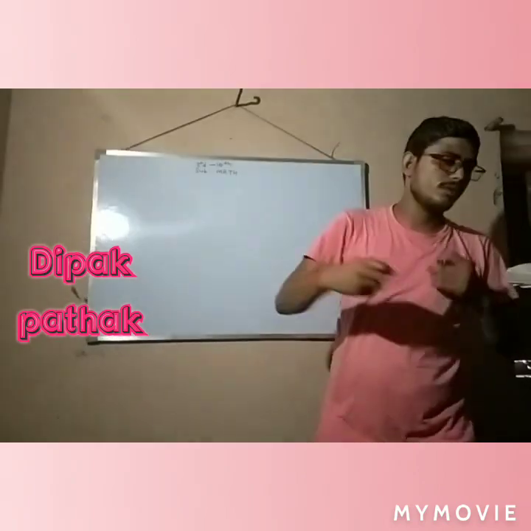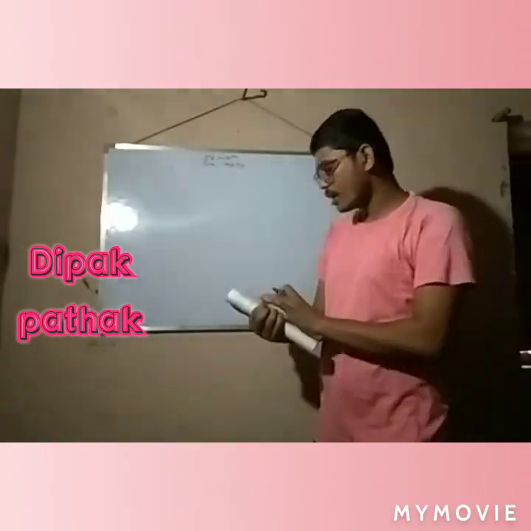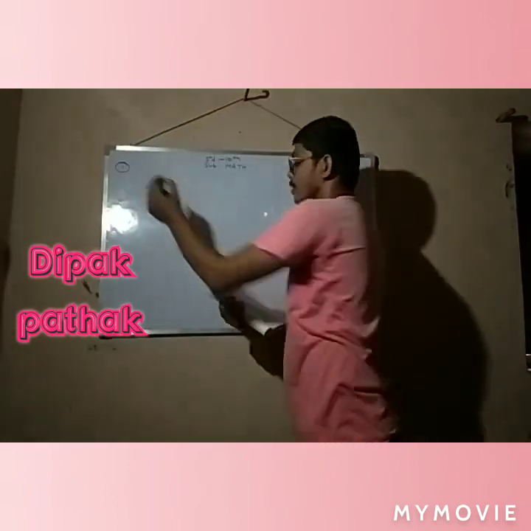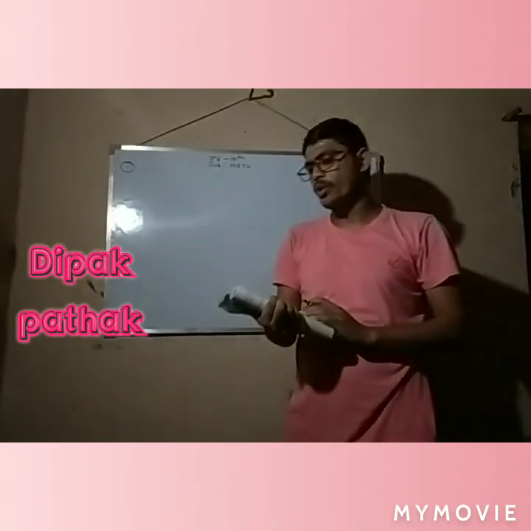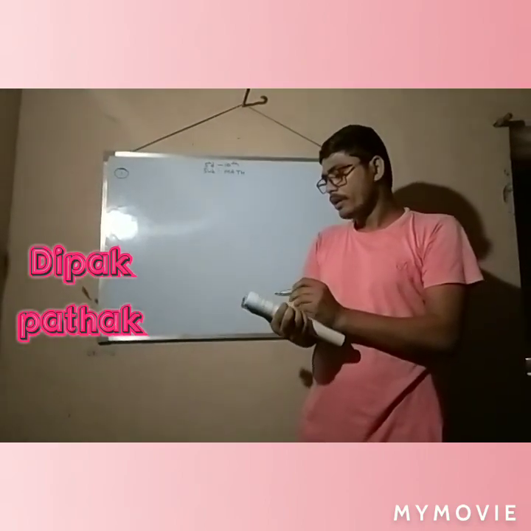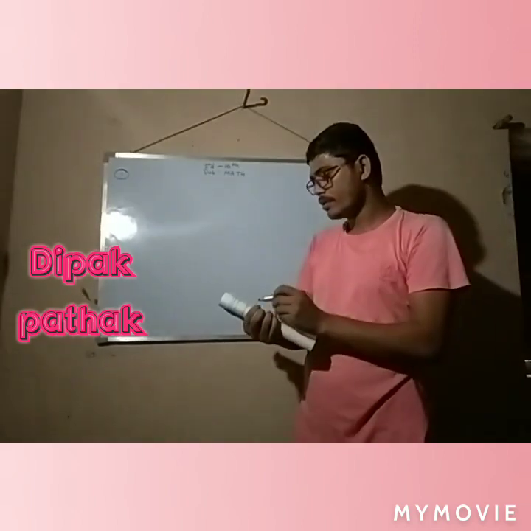Okay. Now first, exercise 3.6 questions are given. First question. Firstly I read this question. Solve the following pairs of equations by reducing them to a pair of linear equations.